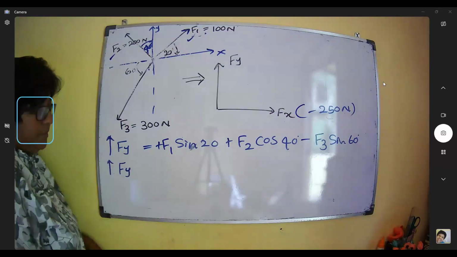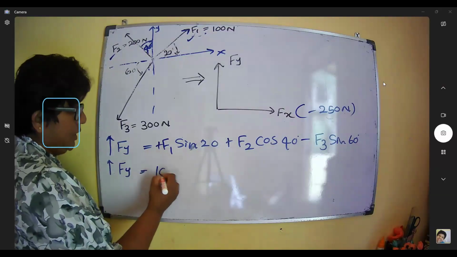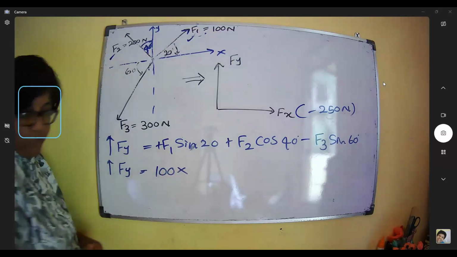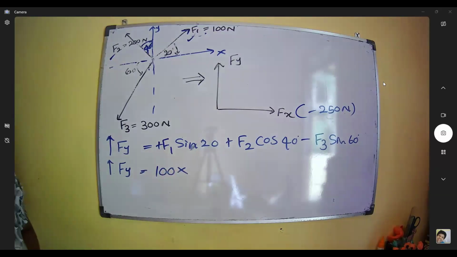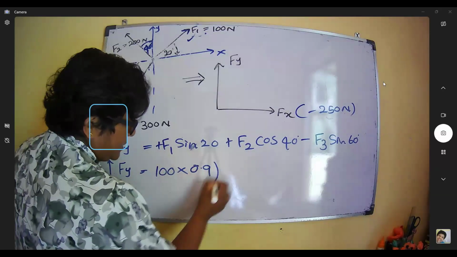Then we can write Fy. Positive direction is upside. F1 is 100 Newton into what is the sin 20? Then you can check it. What is the sin 20? Sin 20 is equal to 0.9. We will take one decimal, right?